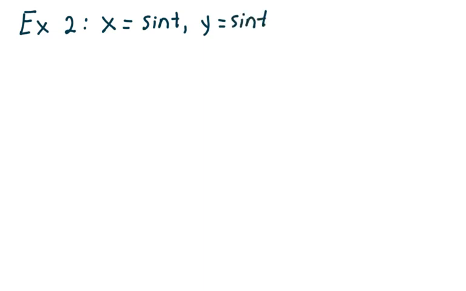Let's take a look at example 2. Suppose I'm given the parametric equations x equals sine t, y equals sine t times cosine t, and t is greater than or equal to 0 and less than or equal to pi over 2.